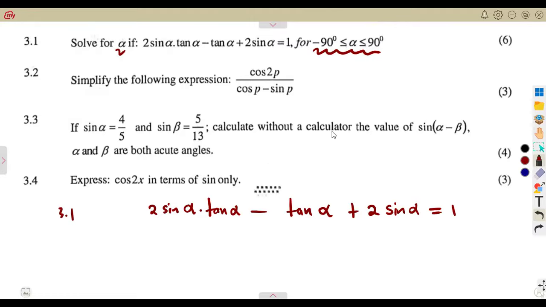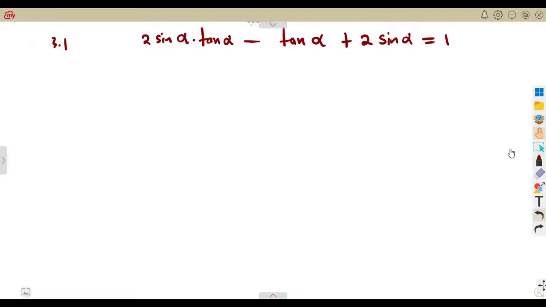So you will note that this is an equation that you're supposed to solve for alpha. And in this equation, we can see that there are terms separated: 1, 2, these are terms that you're given, second one, third one, and the fourth one. You're given 4 different terms.